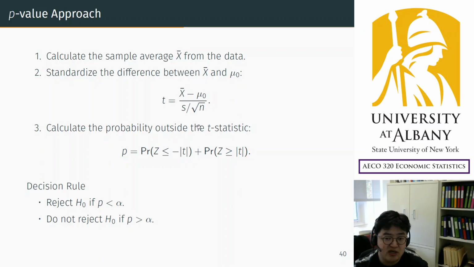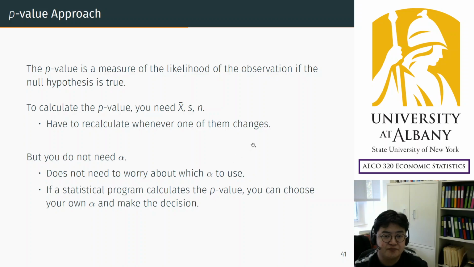So skip this step, but bring alpha to this level. Before doing that, the p-value is the measure of suspiciousness, the likelihood of the observation if the null hypothesis is true.